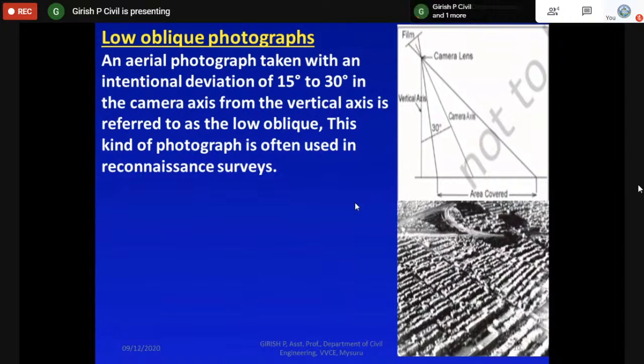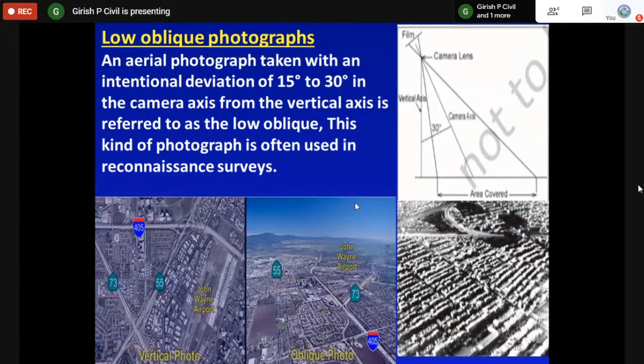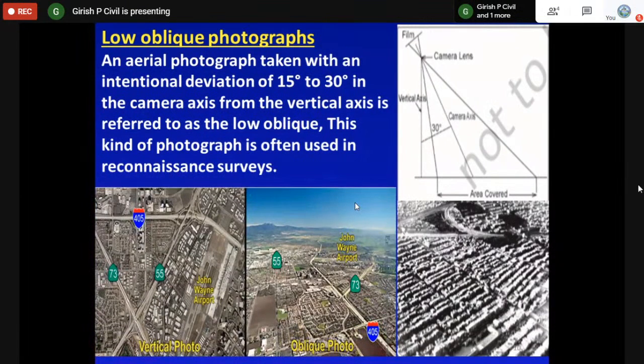And when we talk about different types of photographs, the vertical and oblique photographs, oblique includes either low oblique or high oblique. Low oblique and high oblique differ depending on the intentional deviation.